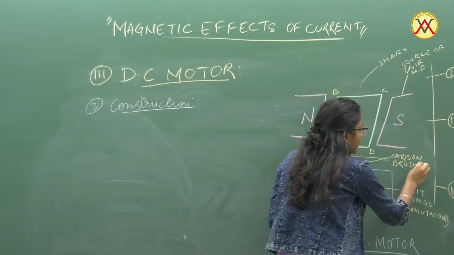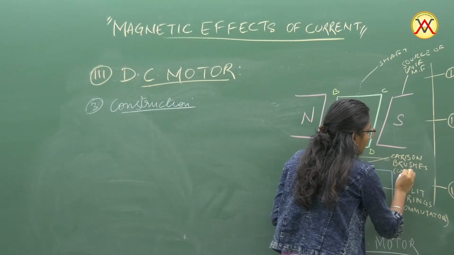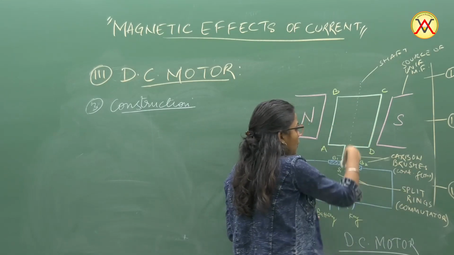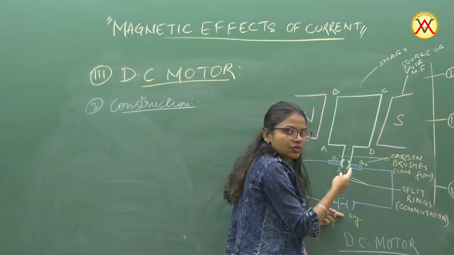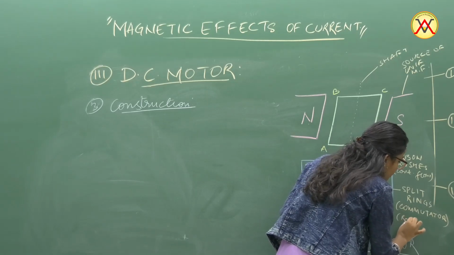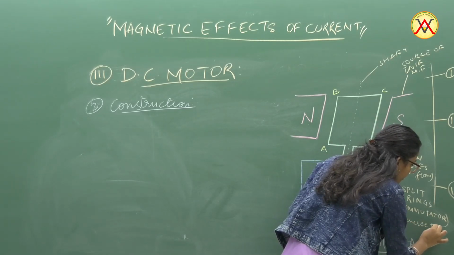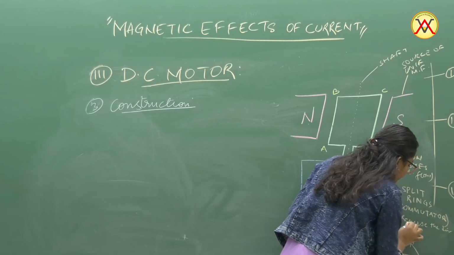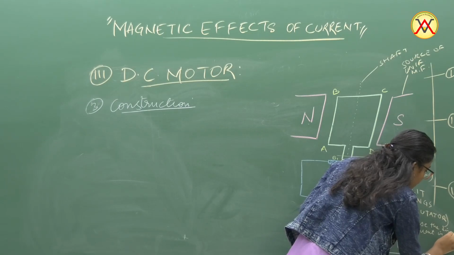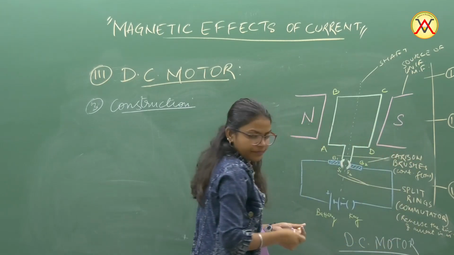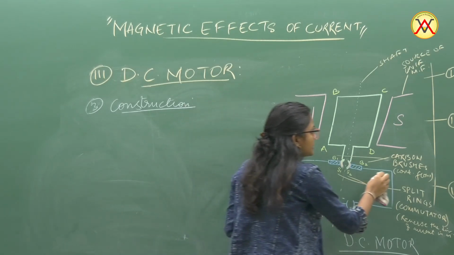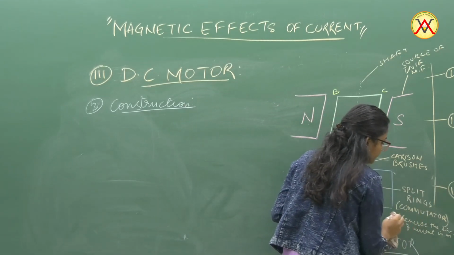So, role of our carbon brushes is for the continuous flow of current through the battery into the coil or through the coil into the battery, and role of commutator is to reverse the direction of current in coil. Alright. Okay. Now let's come to our working part.